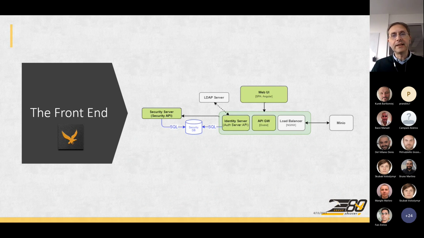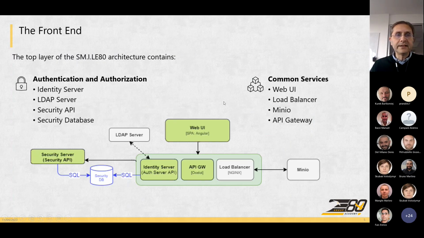Since the SMILE80 architecture is quite complex, with a lot of components making up the architecture, we're going to split it in blocks. We're going to start with the front end, which is the top layer of the SMILE80 stack. The front end is composed of these blocks.